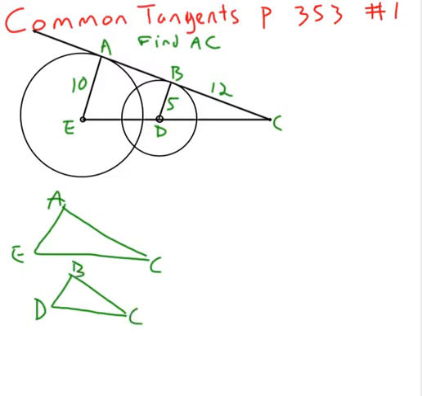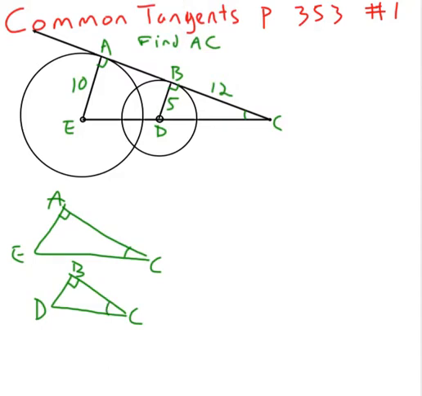You can right away see that we have similar triangles. Why? They share angle C in common, and we have a radius and a tangent, which means these are both right angles. So we have angle-angle similarity between these.